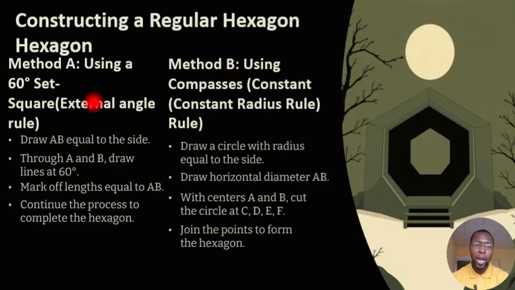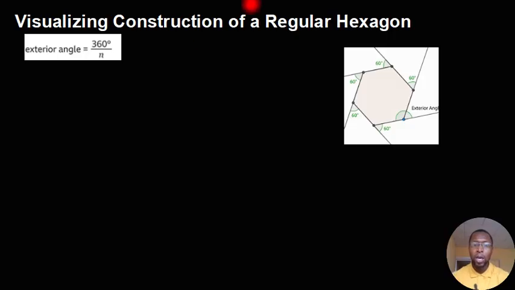Okay, so let's practicalize method A, and that is the external angle rule. So when you have the external angle rule, what you need to do is, first of all, consider the polygon you want to construct. In this case, we are looking at a hexagon. We know that a hexagon has 6 sides, so we need to use the formula.